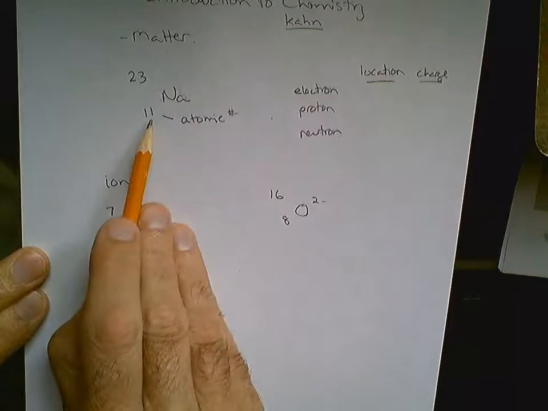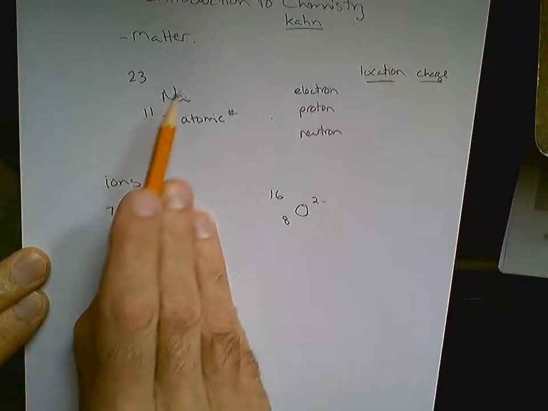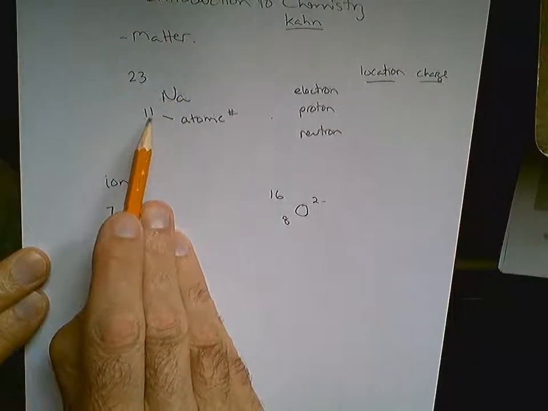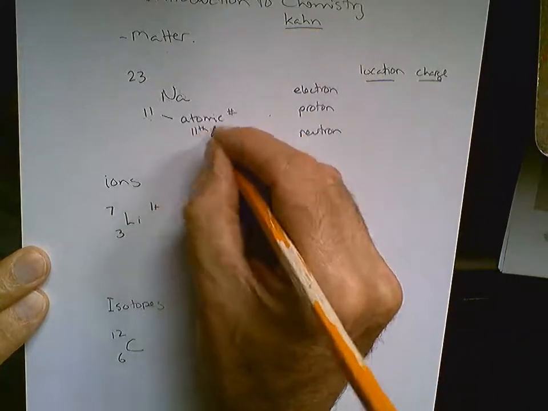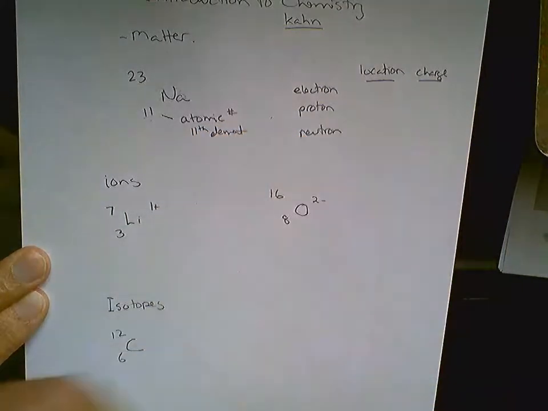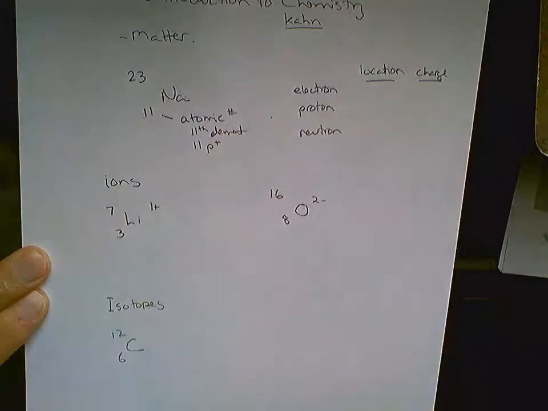First of all, if you look at a periodic table, you should see the atomic number somewhere inside of the box. So for sodium, Na, atomic number 11 means it's the 11th element. It is the 11th element because it has 11 protons. That's how we define what an element is.